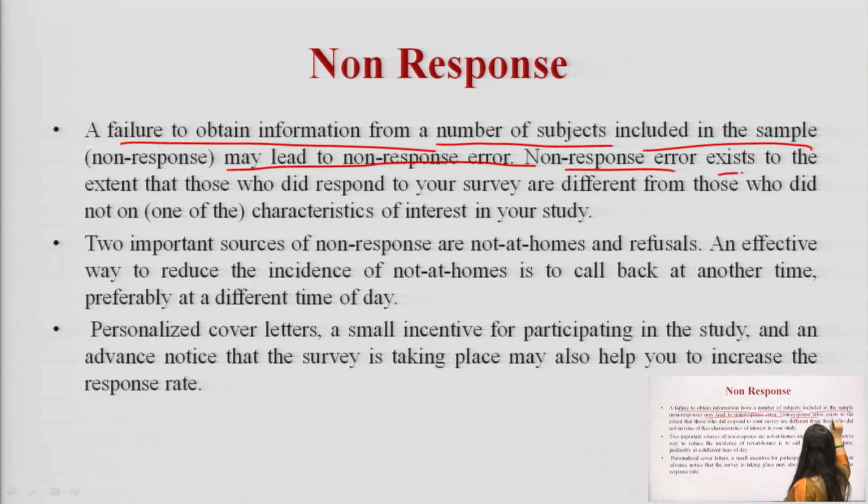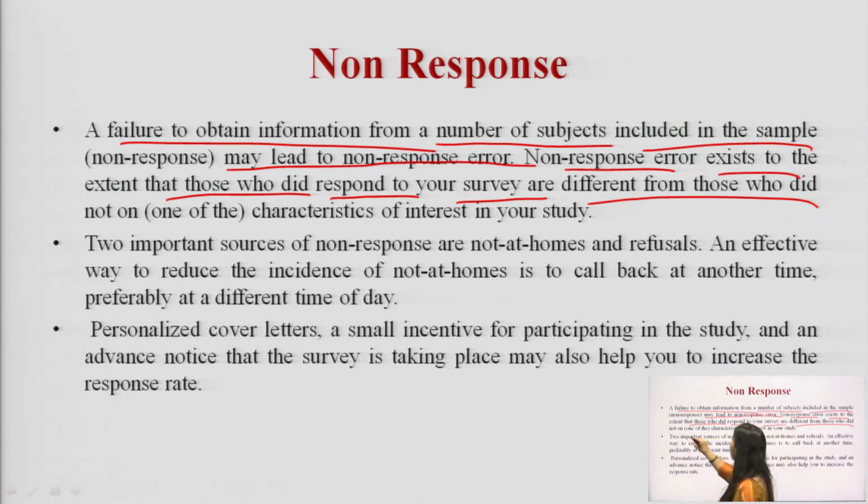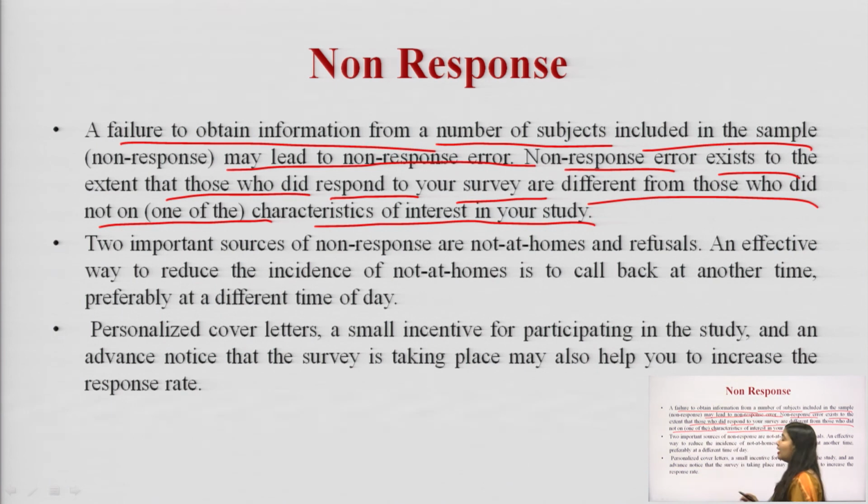Non-response error exists to the extent that those who did respond to your survey are different from those who did not, on one of the characteristics of interest of your study. Either they do not respond at all, or they did not respond to a few items of your questionnaire.